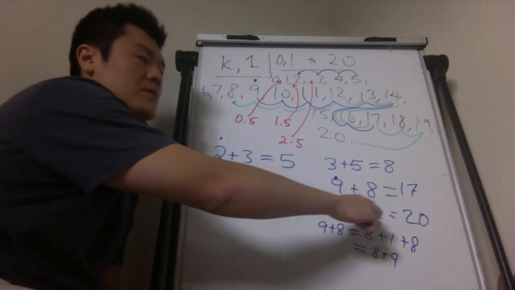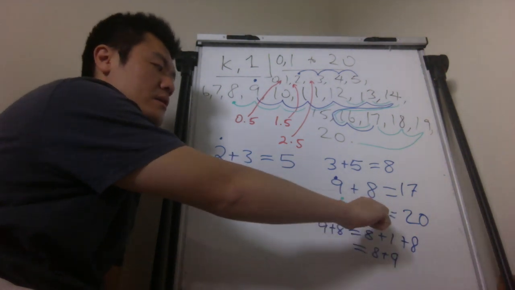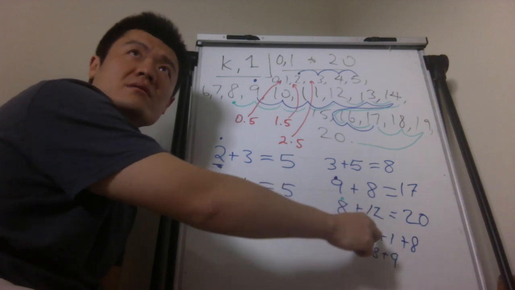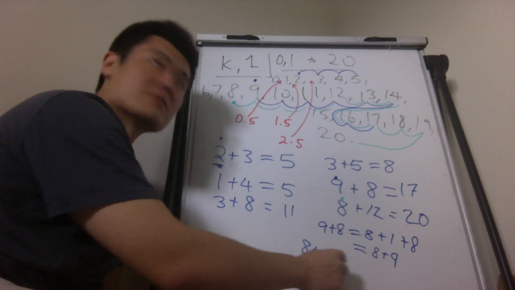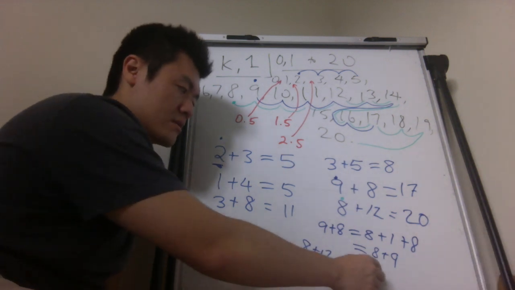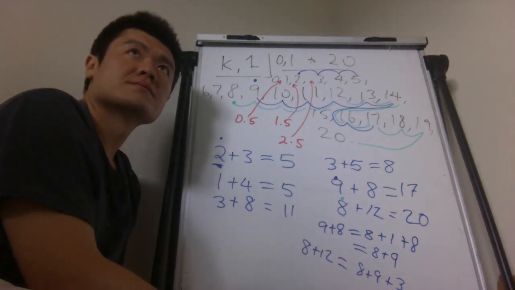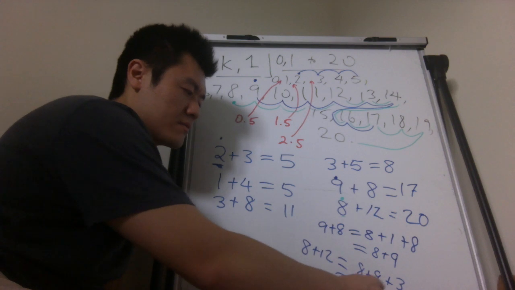And here we want 8 plus 12, right? So we know 12 is 3 more than 9, right? So 8 plus 12 is equal to 8 plus 9 plus 3, okay? So this is 17 plus 3.